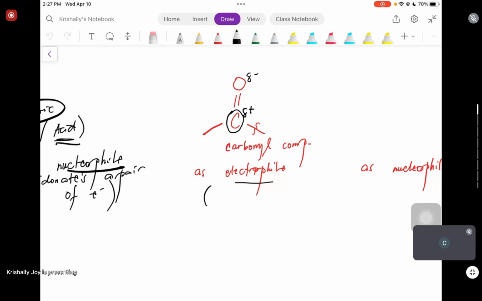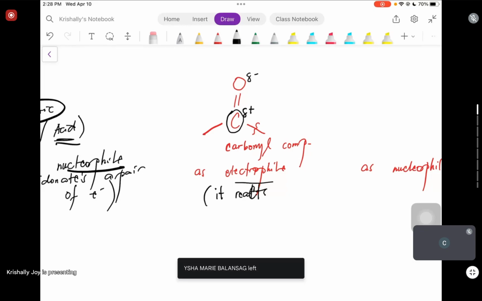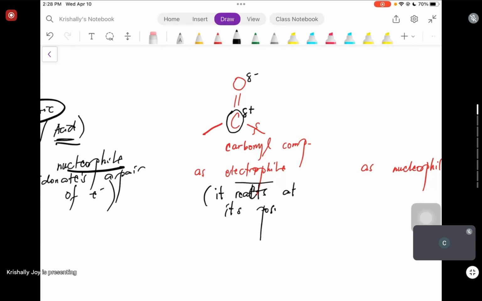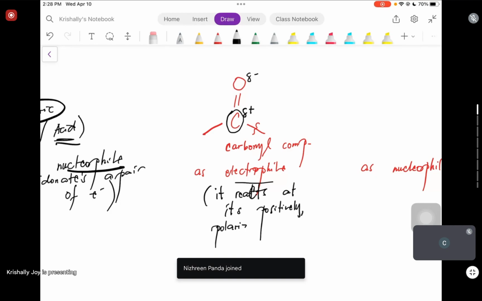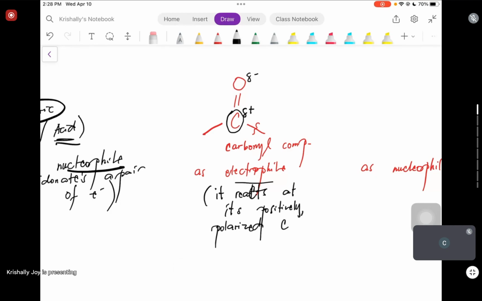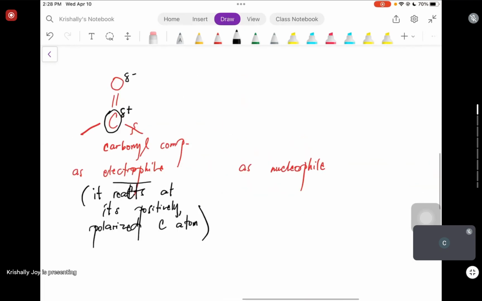Okay, so kung ang reaction happens at its positively polarized carbon, then it acts as electrophile.